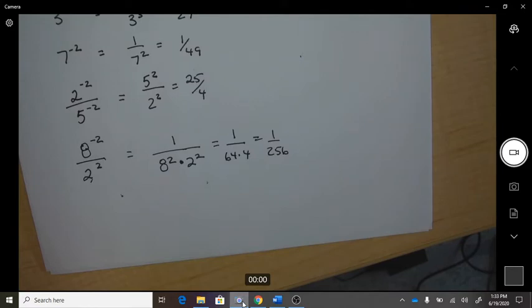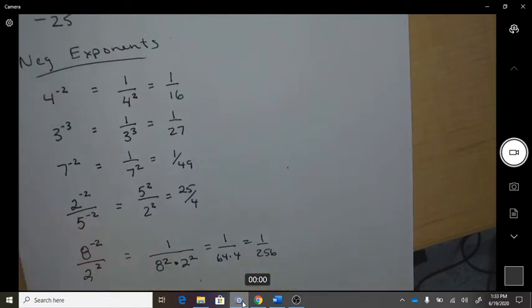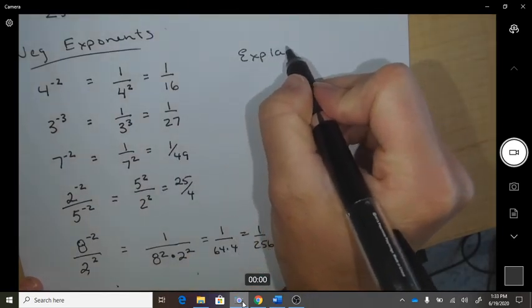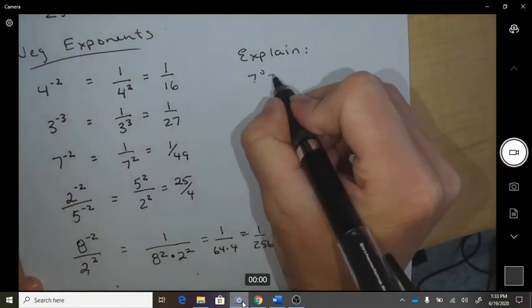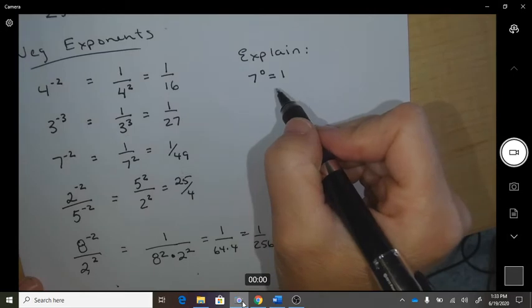Okay, so if you don't like just memorizing things and need to know why this is happening, let's talk about why this is happening. So 7 to the 0 equals 1. Okay, we understand that. That's a rule.